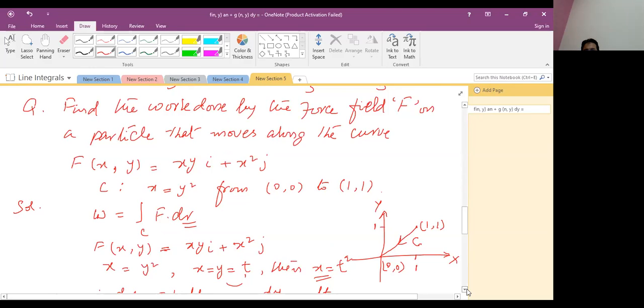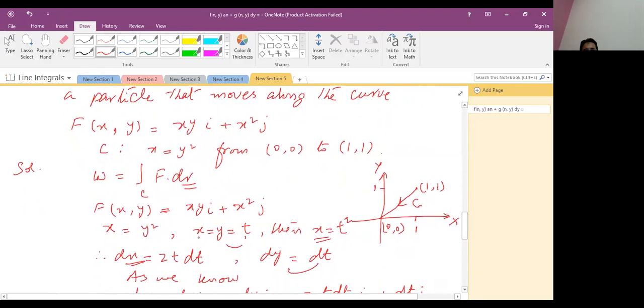First we write the function, and suppose y is equal to t. So if y is equal to t, then x is equal to t square. If you find the derivative with respect to t, it is 2t into dt, and dy is equal to dt.